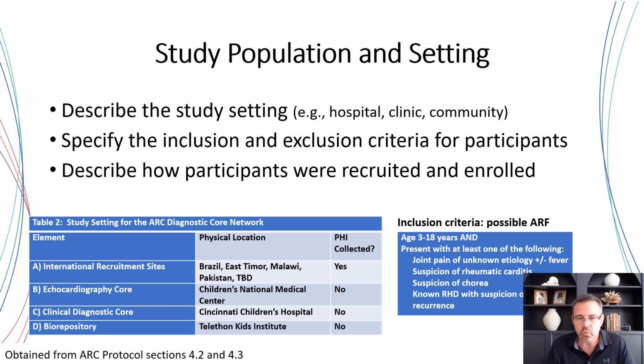Many of you, I'm sure, are familiar with the inclusion and exclusion criteria and drafting these for research studies. But a good description is also found here, for instance, of possible acute rheumatic fever.